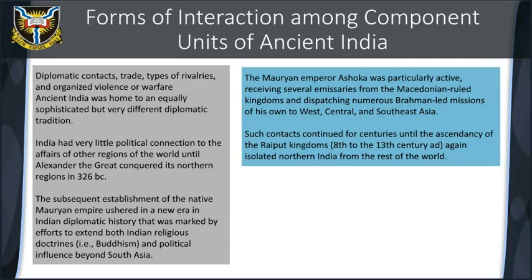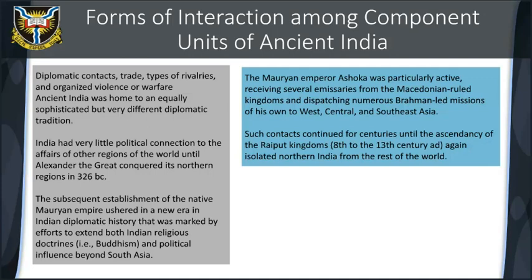The Mauryan Emperor Ashoka was particularly active, receiving several emissaries from the Macedonian-ruled kingdoms and dispatching numerous Brahmin-led missions of his own to West, Central, and Southeast Asia.